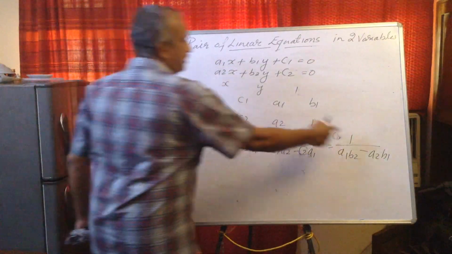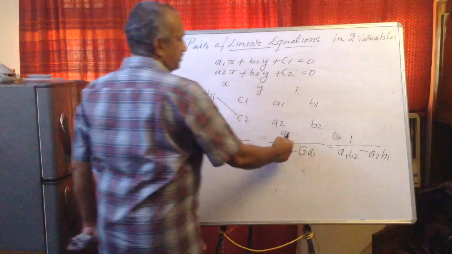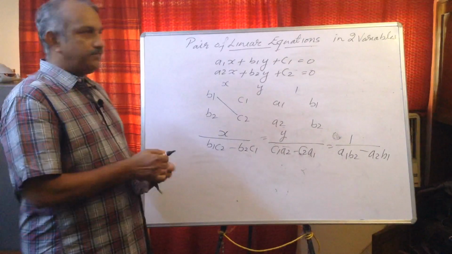Compare this and this, you will get the value for x, and if you compare this one and this one, you will get the value for y. So it will be clear when we do questions.